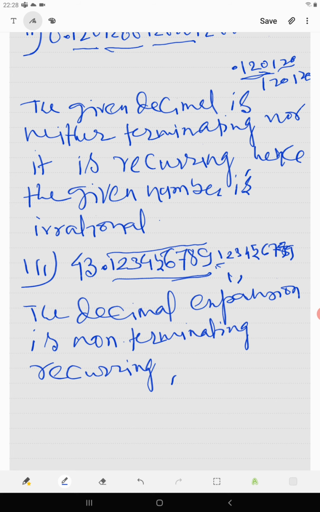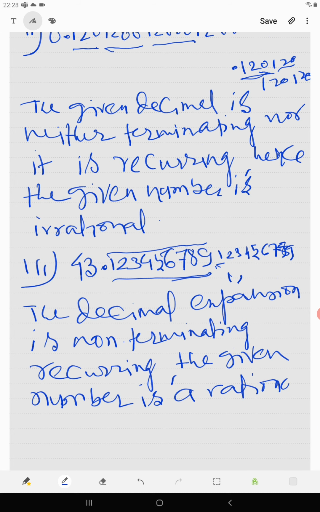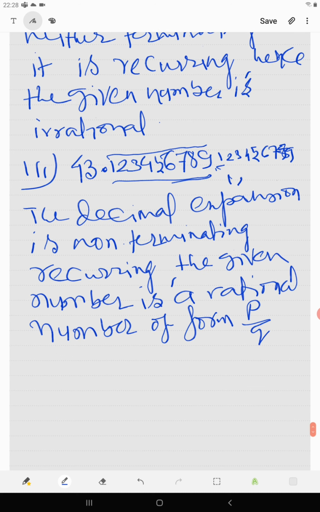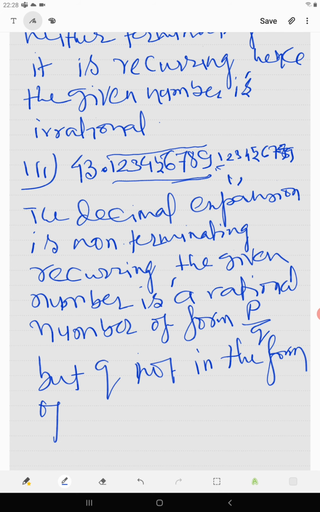So the given number is a rational number of the form p by q, but q is not in the form of 2 to the power n into 5 to the power m. That is, what does it mean?